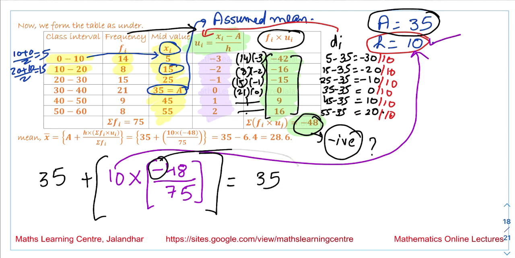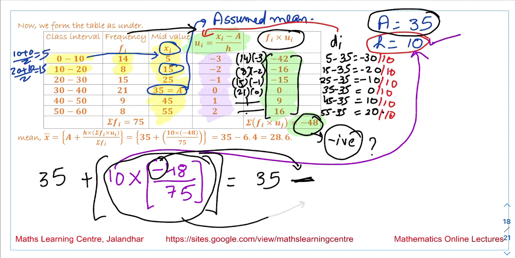Because of the minus sign, this term will become negative. On doing this calculation, you will get 6.4, and the final answer you will get is 28.6. So this is the mean in this case.